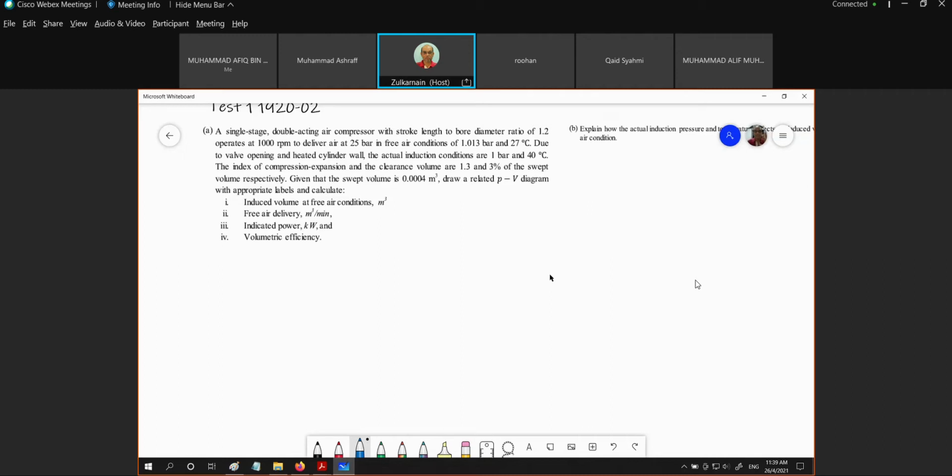Given the swept volume is 0.004 meter cube, draw a related PV diagram with appropriate label and calculate.